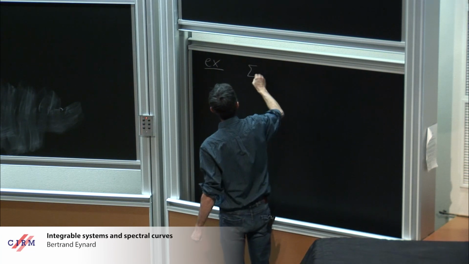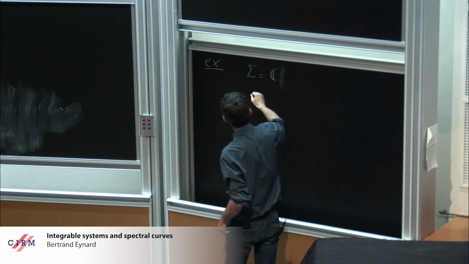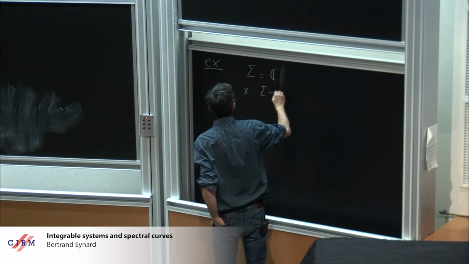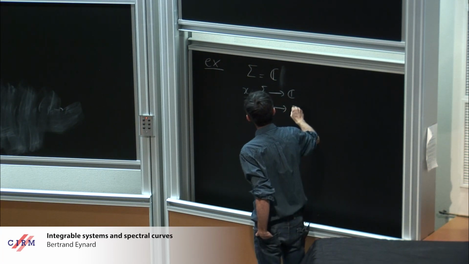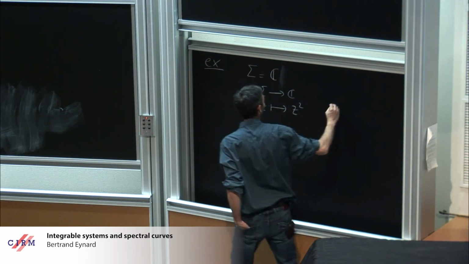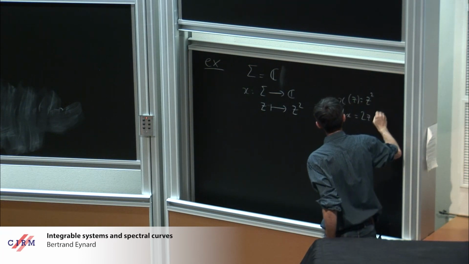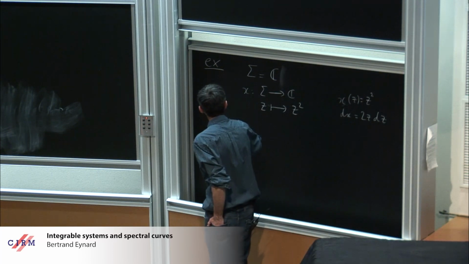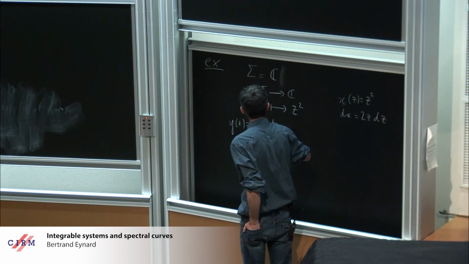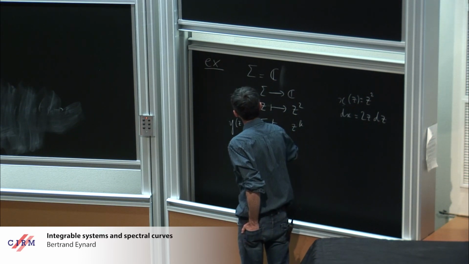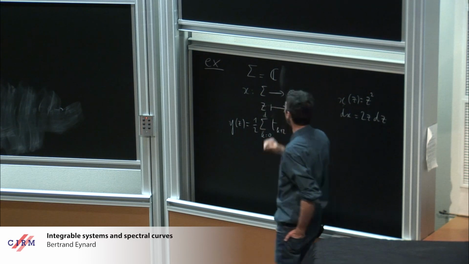Let's say sigma is C. x is the map from sigma to C which to a point z, a complex number, associates z squared. So x of z equals z squared, and in particular dx equals 2z dz. y of z will be one half of the sum of t_{k+2} z^k, k equals 0 to, well, it could go to infinity, it could be a formal series, but let me stop at a certain maximum number.